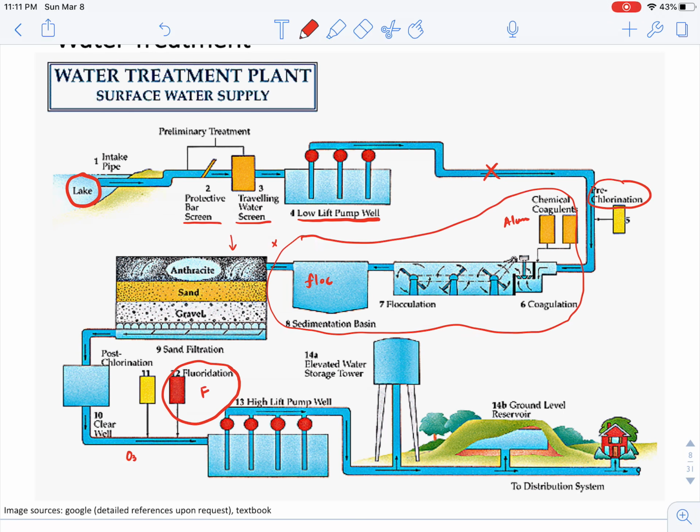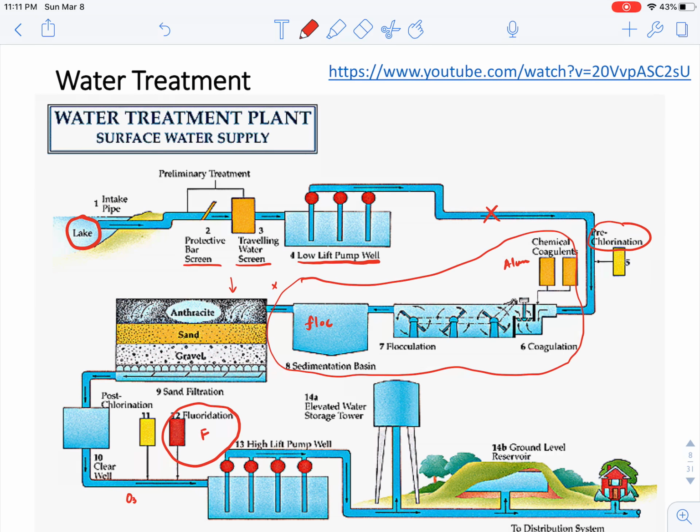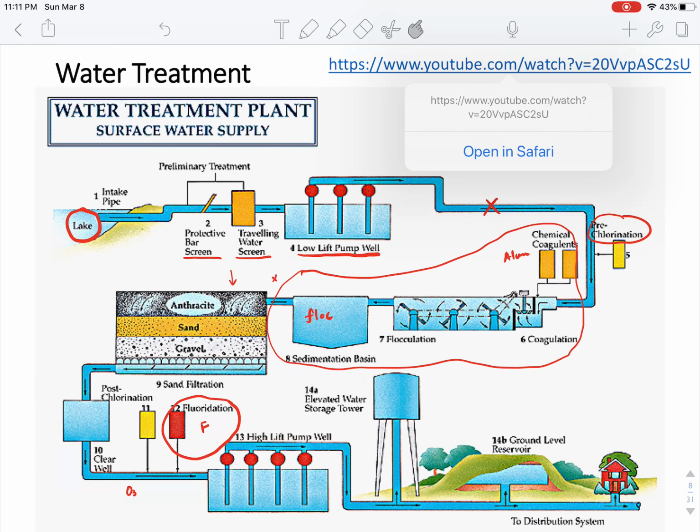But if we're talking about the treatment of groundwater, typically we need to include the softening step in the water treatment plant. Okay, so here I also have a short video that will briefly introduce how a water treatment plant works. So we can briefly go through this video for now.